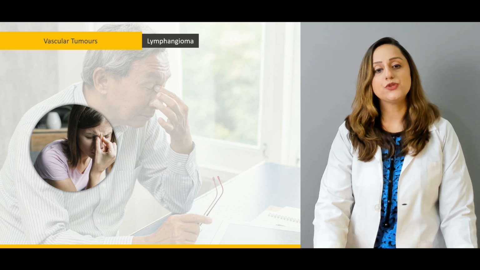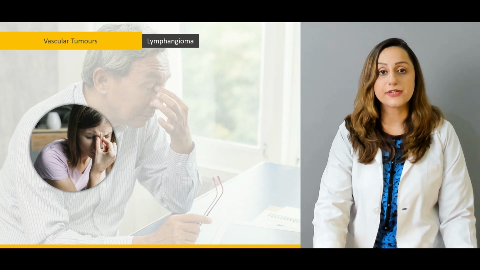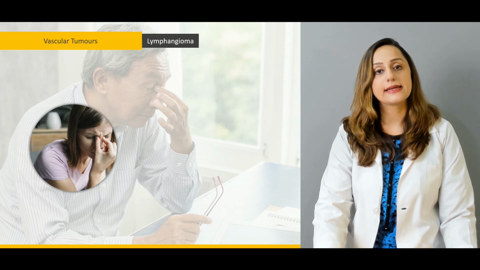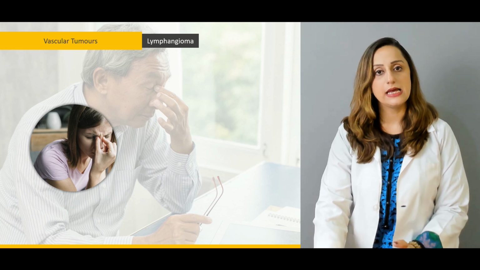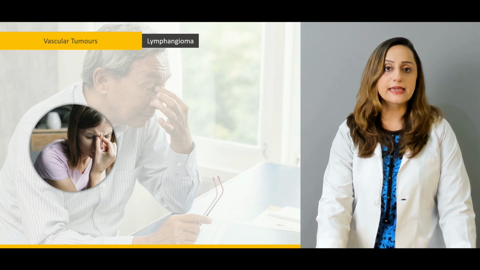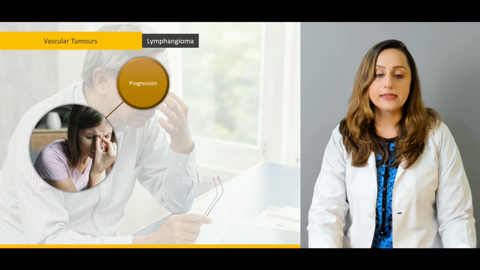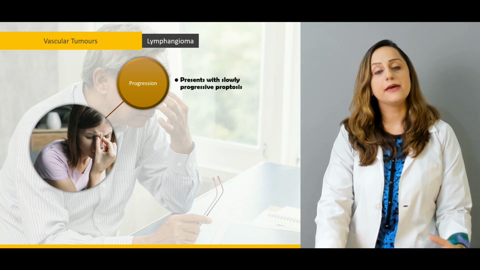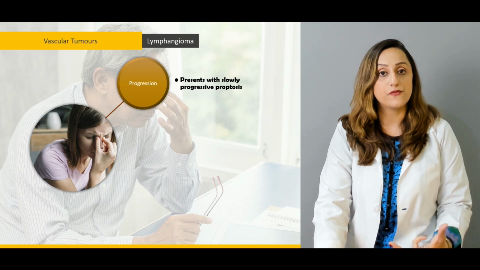The vascular tumors have a broader classification of lymphangiomas. The lymphatics are lying inside the orbital cavity and they may be affected by any kind of a tumorous condition. So if that is the case over here, then the progression is again very important. Lymphangiomas usually behave in a very slow, progressive manner.